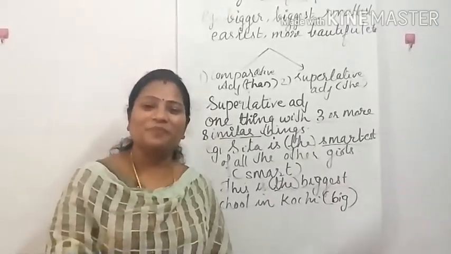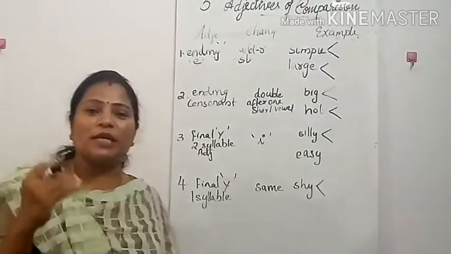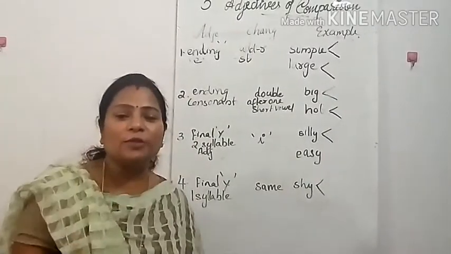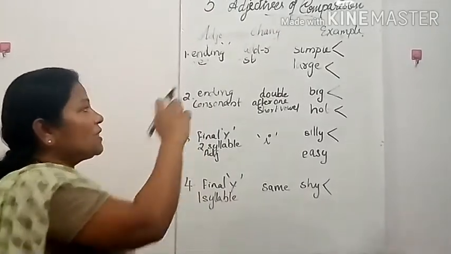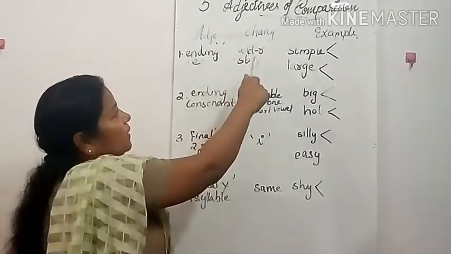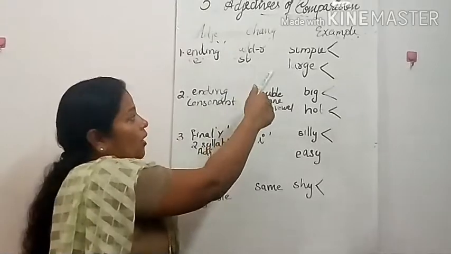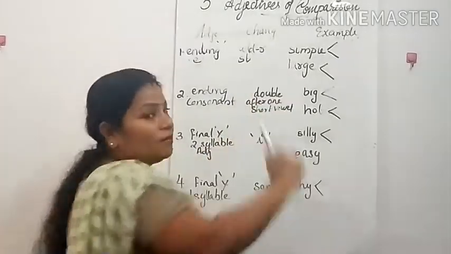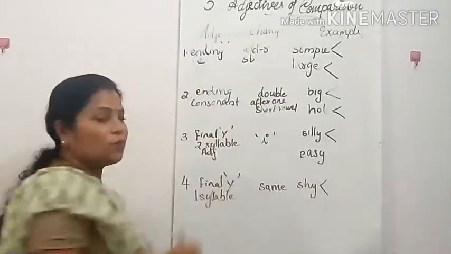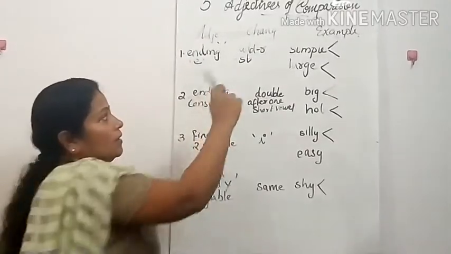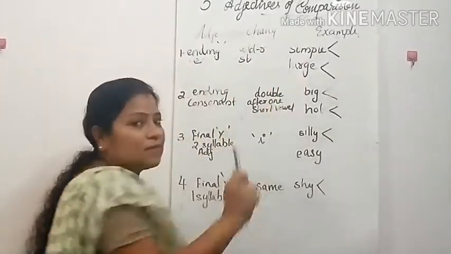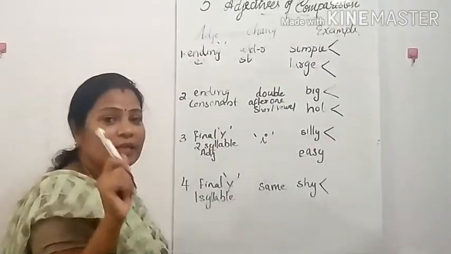Okay? It's okay. So there are rules to change to comparative and superlative. Let's see the rules. First I have given here the adjective, then the changes that will come with it, and an example. So the first one, the adjective that ends in e. Example, simple is a word which ends in e.